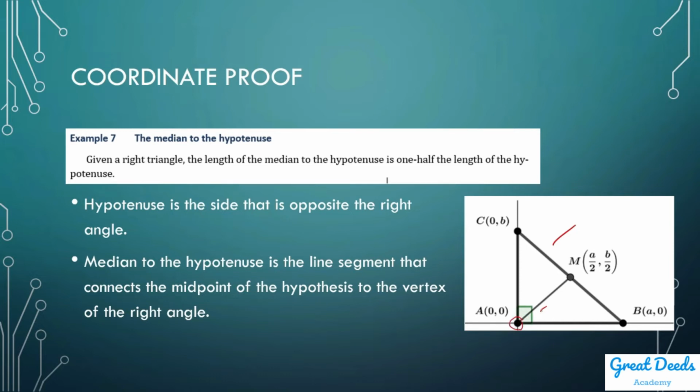And the median will bisect the opposite side. In this case, it's the hypotenuse. So that is what the median is all about. It is a line segment from the vertex of one angle such that it bisects the opposite side.